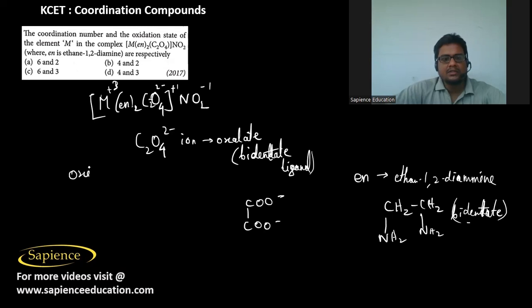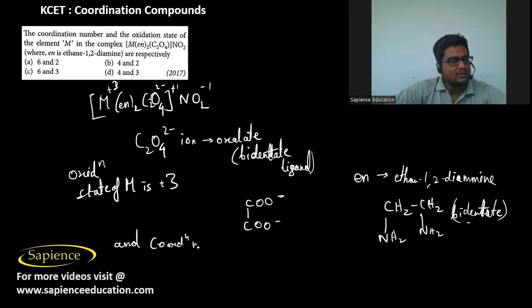So the oxidation state of the metal ion M is +3, and the coordination number is, since it is M En2 C2O4, En2 and oxalate, they both are bidentate ligands.